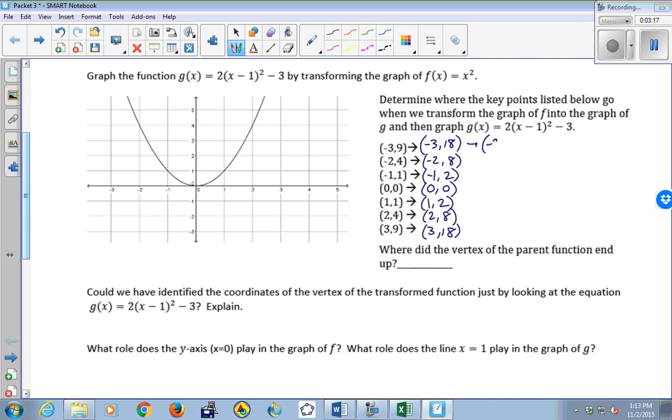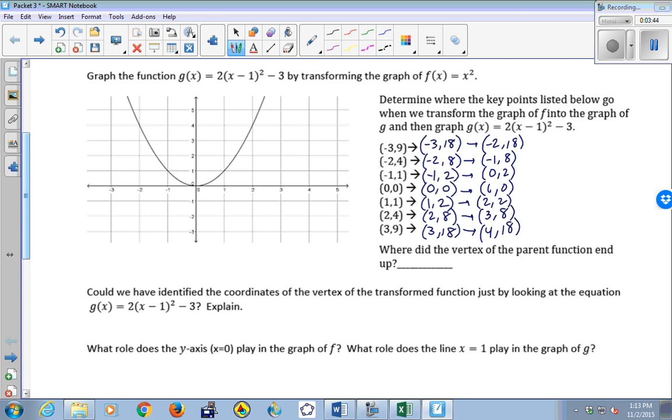So this is going to become negative 2, 18, negative 1, 8, 0, 2, 1, 0, 2, 2, 3, 8, and 4, 18. Okay, so I just added 1 to each x. That moves everything to the right one.